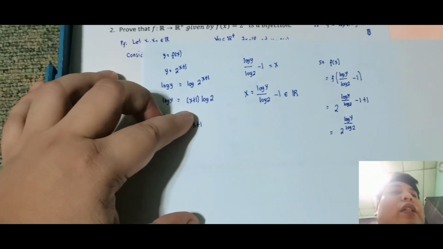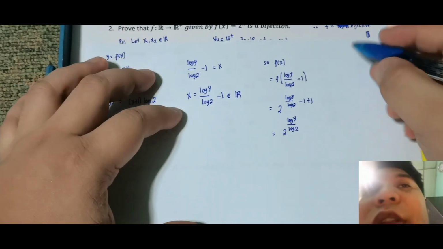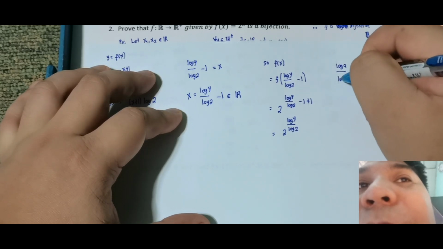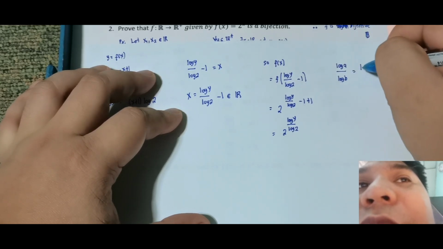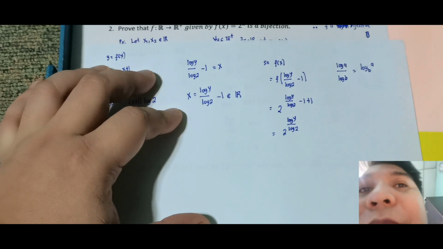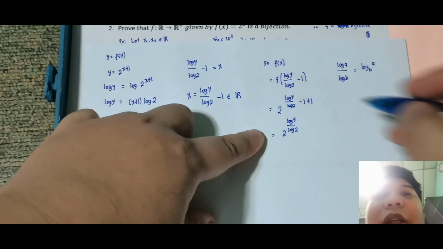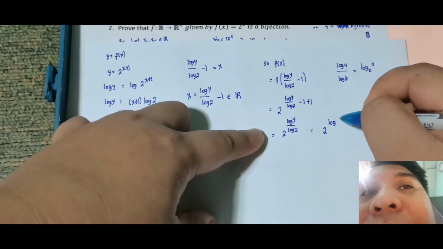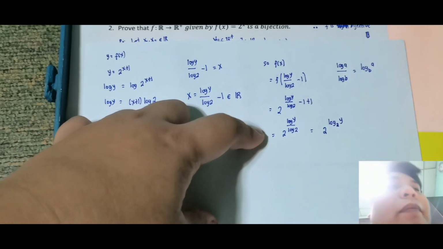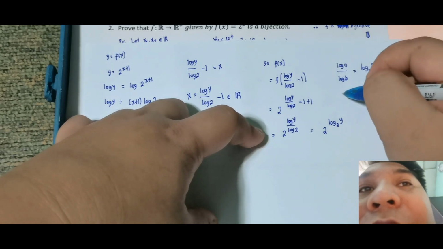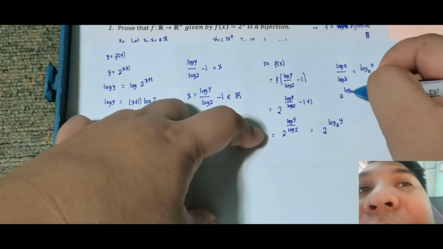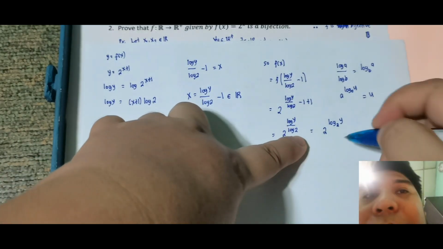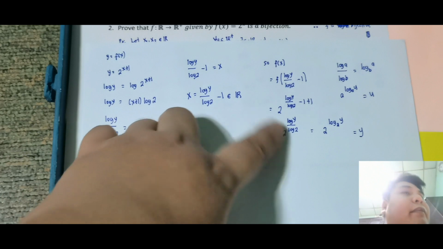May property kasi ng logarithm. Kunyari, logarithm of a over logarithm of b, that is equal sa logarithm of a base b. Okay, so kung nakikita mo to, magiging 2 raised sa logarithm base 2 of y. And may another property, kunyari, a raised sa logarithm a of u, that is u. So, this is simply equal to y.